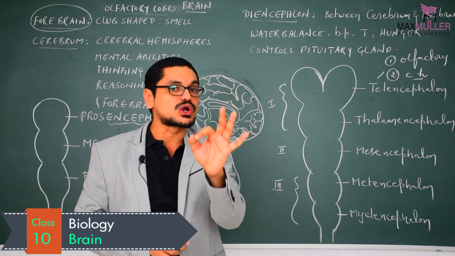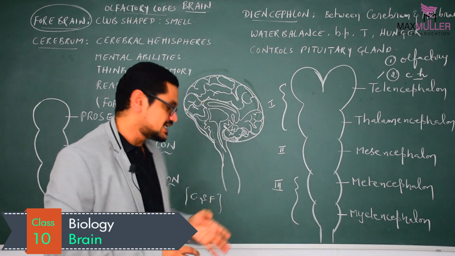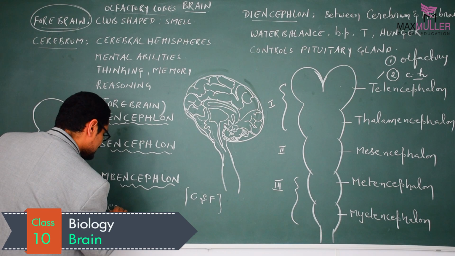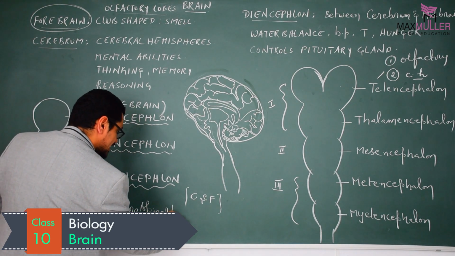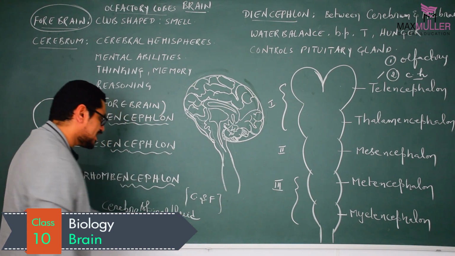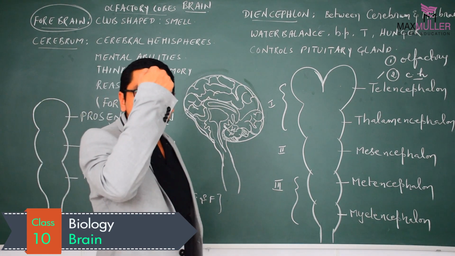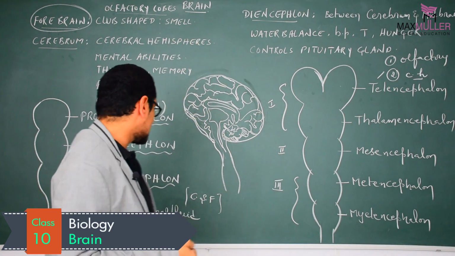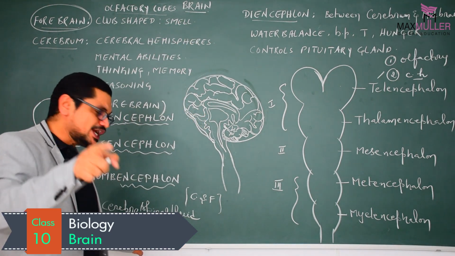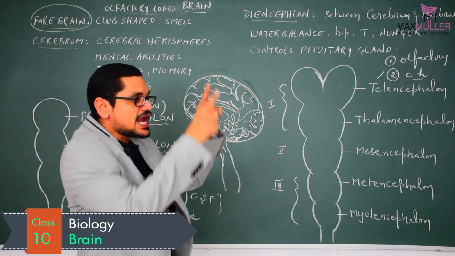That is nothing but cerebrospinal fluid. See how the name was given? Cerebrospinal fluid. It means there is a fluid circulating between the brain and spinal cord. That is the reason why it is called cerebrospinal.